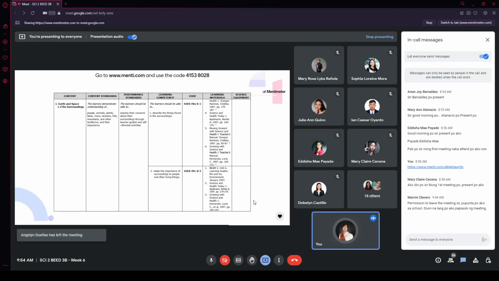Okay, the number 2, relate the importance of surroundings to people and other living things. So this one should be easy for them, especially if they're not located within the city, right? Because within the city, it's a literal urban jungle. So there's not much nature, so to speak.